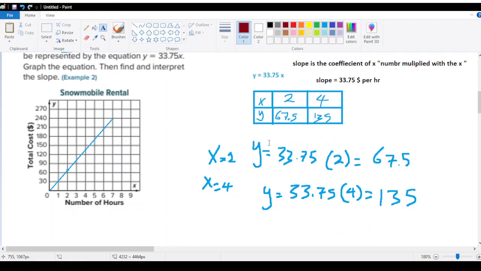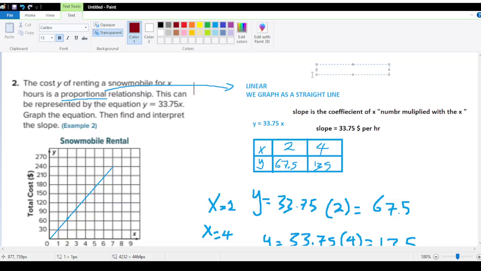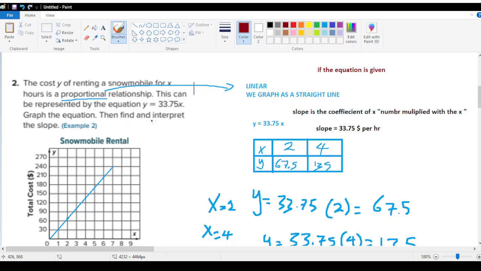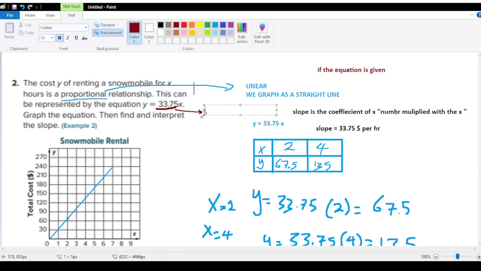Now, if the equation is given, the slope is the number beside the x. This number is the slope, the one beside the x.